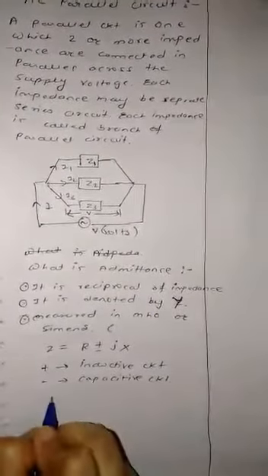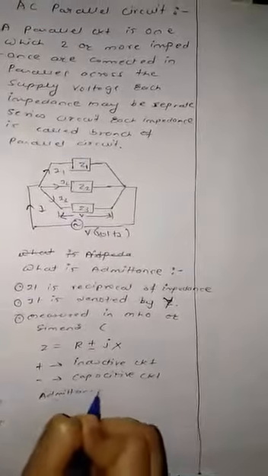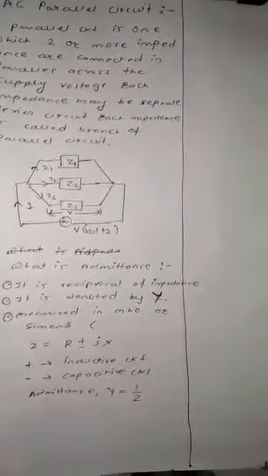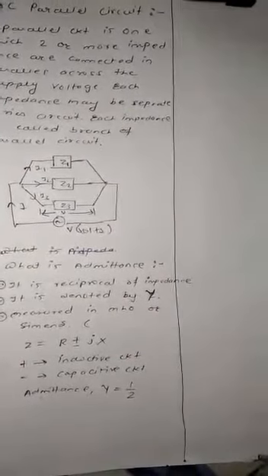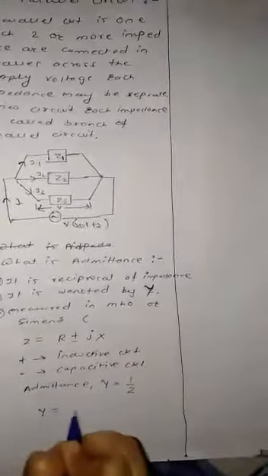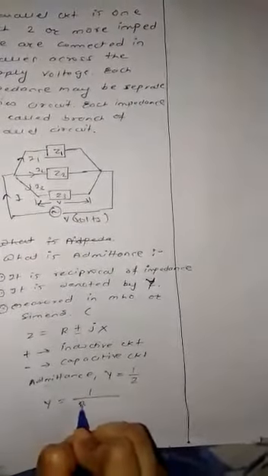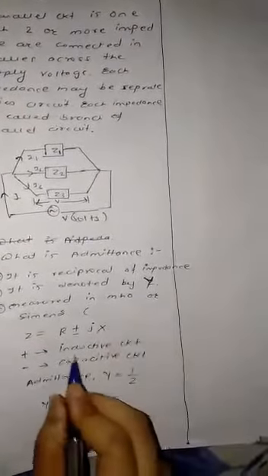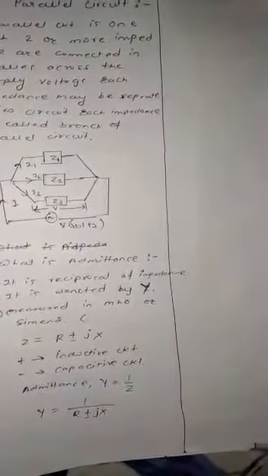Now the admittance Y = 1/Z, because it is the reciprocal of impedance. So Y = 1/(R ± jX), where plus indicates the inductive circuit and minus the capacitive circuit.